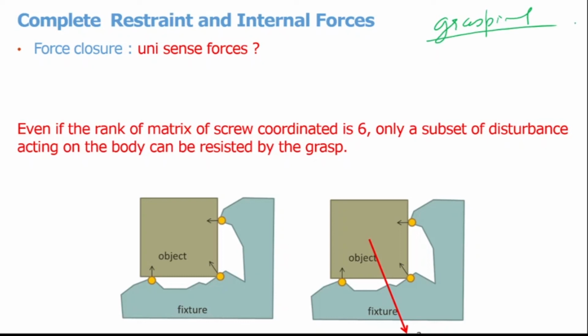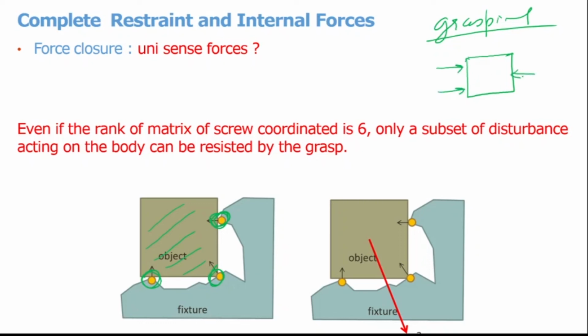Now this is an object which is being grasped, as shown in the figure. There are three contacts, one contact here, one here, and one here. You can assume this to be something like a box which is caught with three fingers like this.